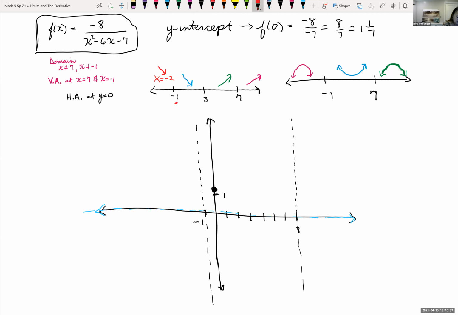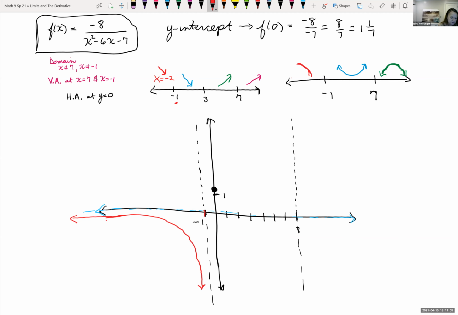So until -1, we're decreasing, and we're concave down. Decreasing concave down is going to look like this. So notice that that works if you're below the x-axis. You're going to be hugging your vertical and your horizontal asymptote.